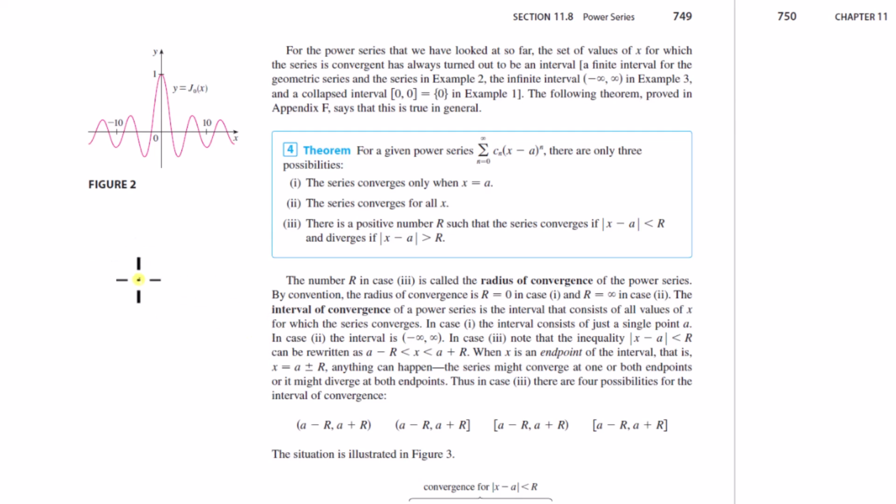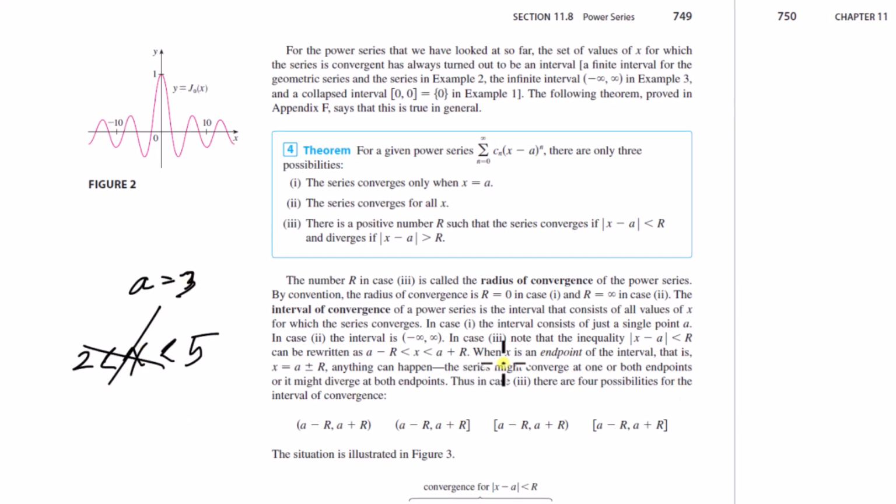If a is equal to 3 in the x minus a term of the power series, you cannot have that the interval of convergence is that, because that's not what the radius is. Then the radius of convergence would be 1.5, but then that means it's centered about 3.5, and that's not a. So no, you can't have this.